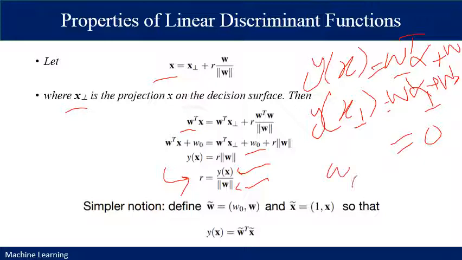With w0 we include x0 equal to 1, and then define w bar equal to (w0, w) and x bar equal to (x0, x) with x0 equal to 1, so that y(x) becomes w bar transpose x bar, which is again a linear discriminant function.